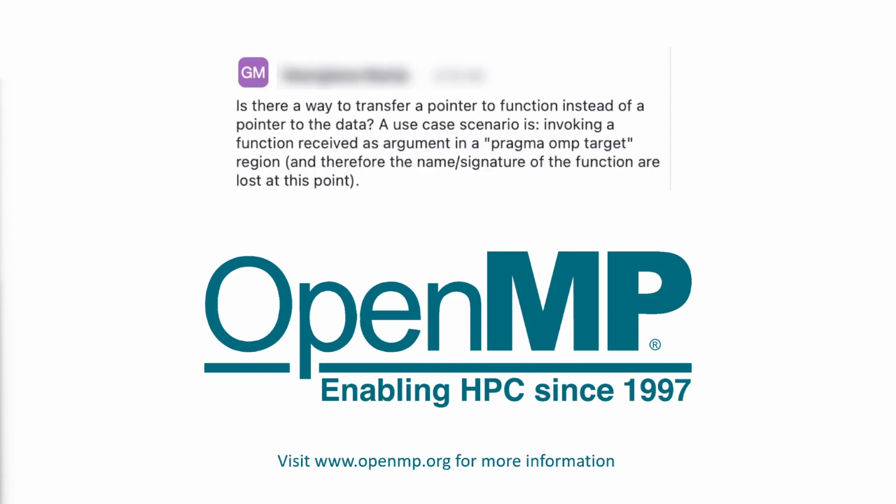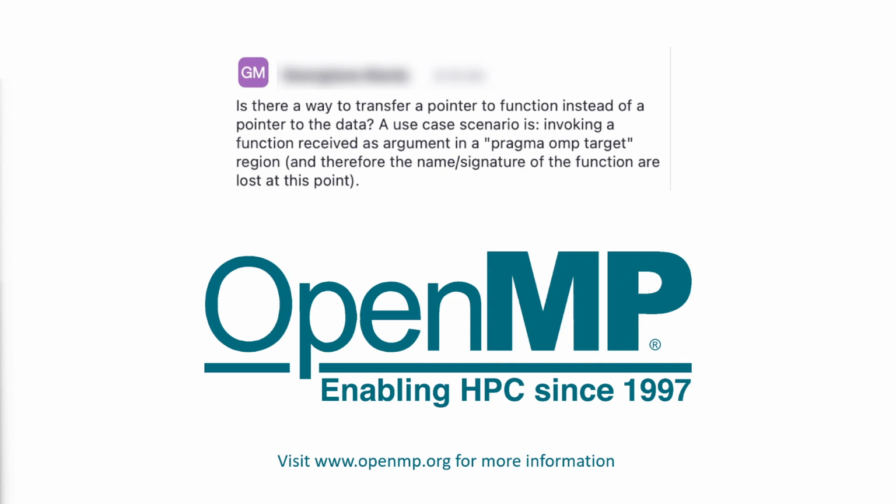All right, is there a way to transfer a pointer to function instead of a pointer to the data? A use case scenario is invoking a function received as argument in a pragma omp target region, and therefore the name and signature of the function are lost at this point. Yeah, we do have basic function pointer support. It's probably not as extensive as you may need it for that use case. Unfortunately, there are not many details about what exactly you want to do.